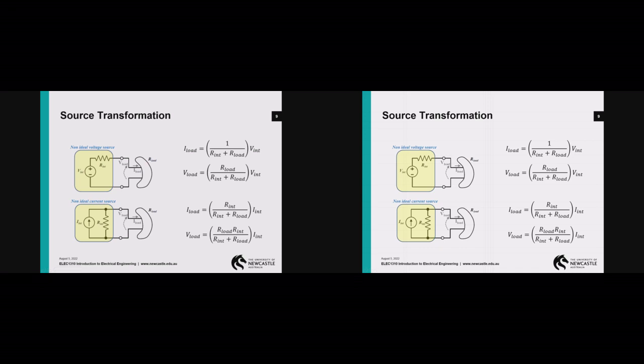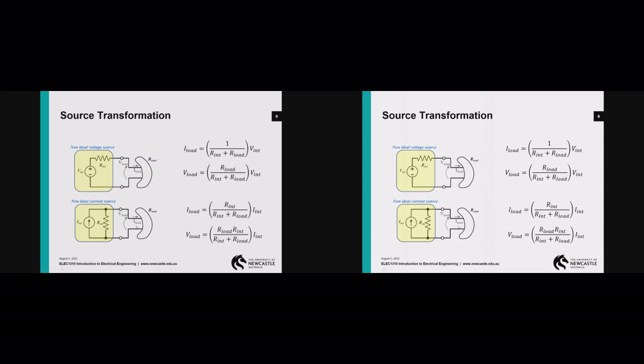The voltage across the load would just be that current, V internal divided by R internal plus R load, multiplied by R load. So I don't think there's anything surprising there, I hope.